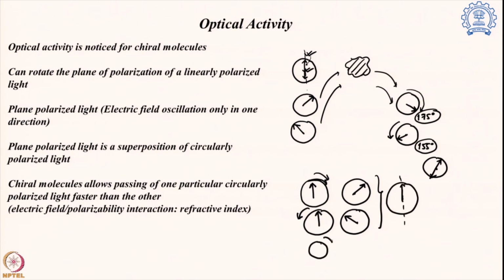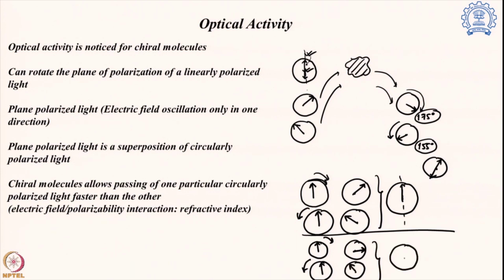However, if one of them started moving more compared to the other, so say the right hand circular polarized light is moving more than the left hand circular polarized light, what I am going to get is the resultant is now shifted from the original position, and that is nothing but the optical rotation.